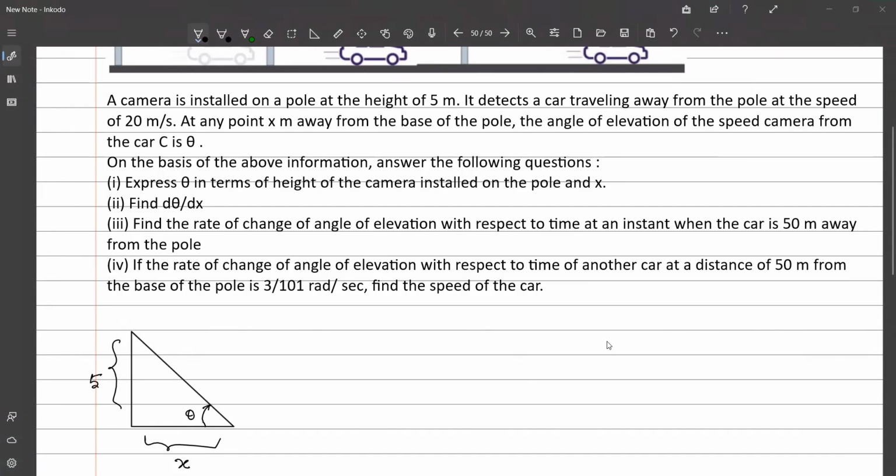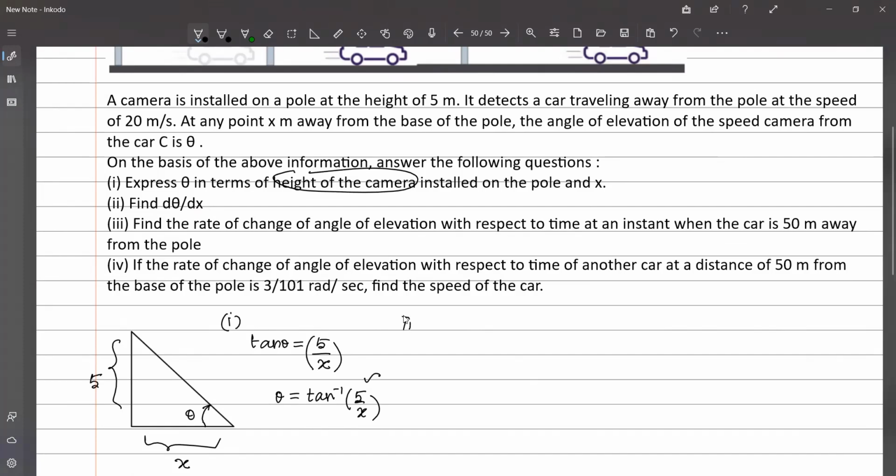So tan theta is equal to 5 divided by x. Theta is equal to tan inverse of 5 divided by x. So they've asked us to write theta in terms of height of the camera. That's 5. We have written that, and x. So we have answered the first question.